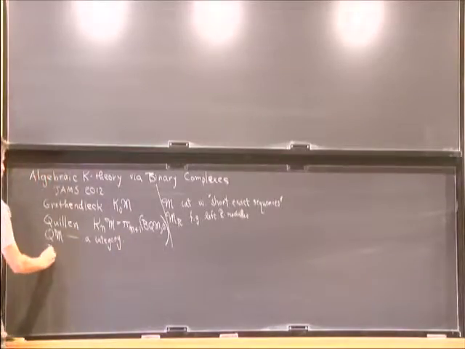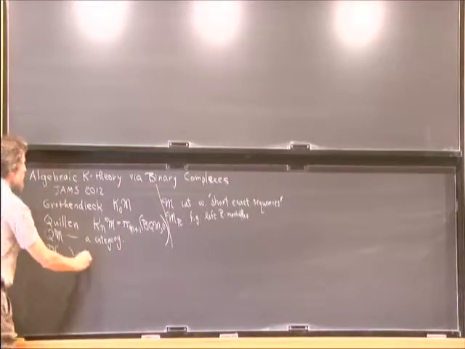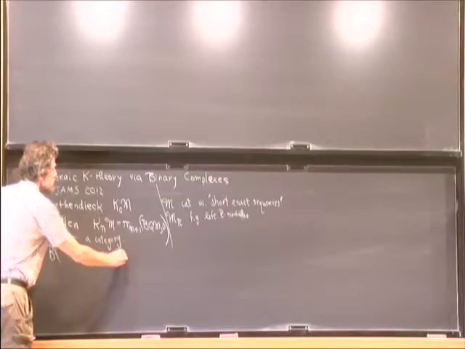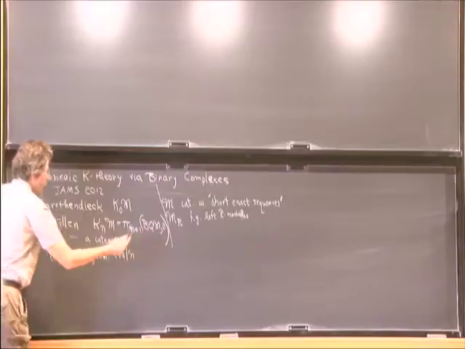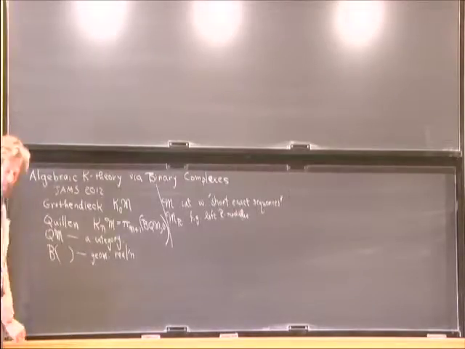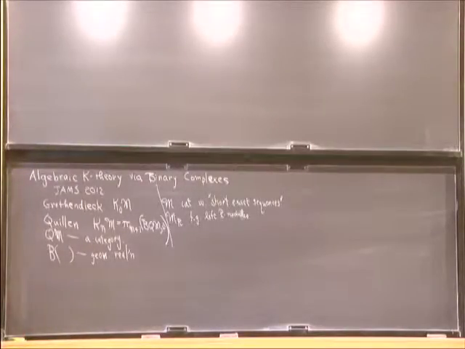And B of a category denotes the geometric realization, which one could say briefly is a way of making a topological space out of a category. You put down a point for each object. You put down a 1 simplex for each arrow. You put down a 2 simplex for each commutative triangle of arrows, and so on.